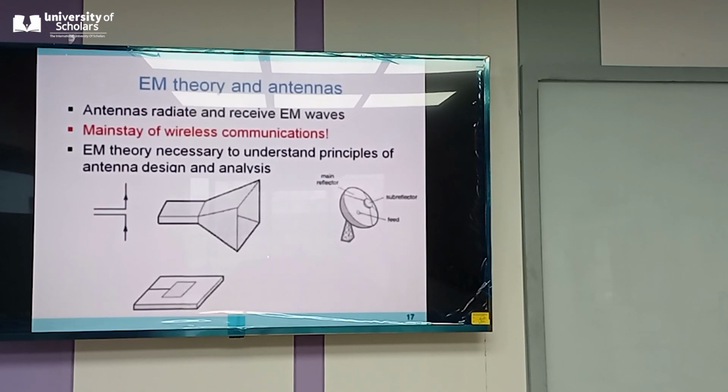How does that differ from a microstrip antenna? What parameters make the radiation pattern of each antenna different? And how do we analyze them? How do we make use of these radiation effects and radiation patterns? Again, electromagnetic theory will tell us.